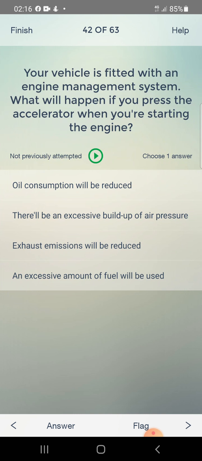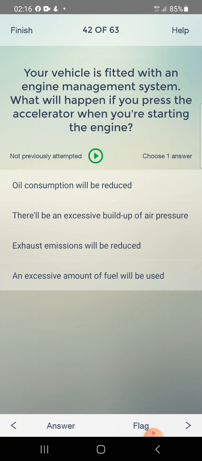Okay. Your vehicle is fitted with an engine management system. What will happen if you press the accelerator when you are starting the engine? Oil consumption will be reduced, there will be an excessive buildup of air pressure, exhaust emission will be reduced, an excessive amount of fuel will be used.